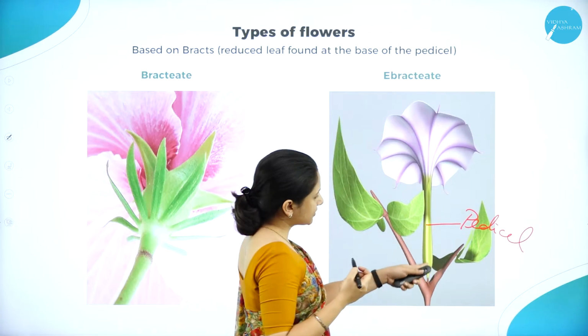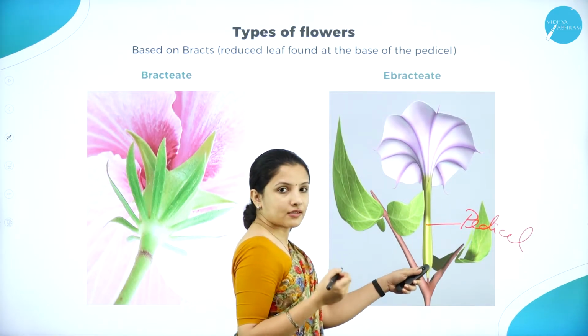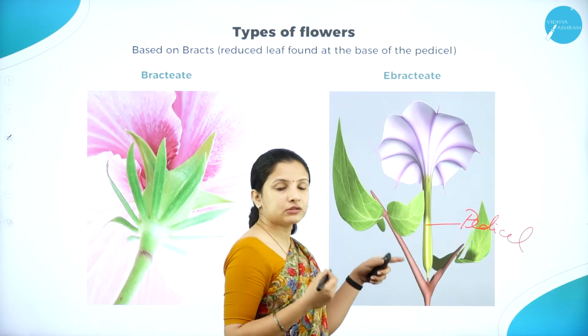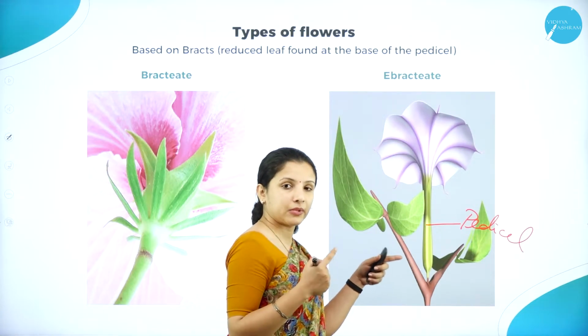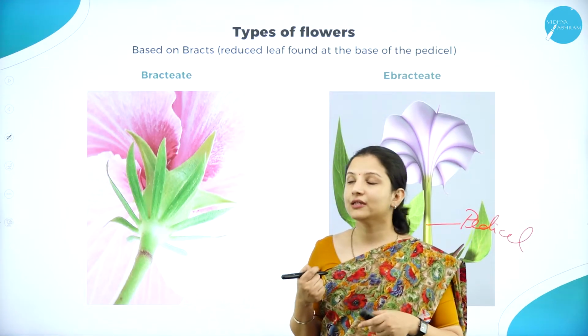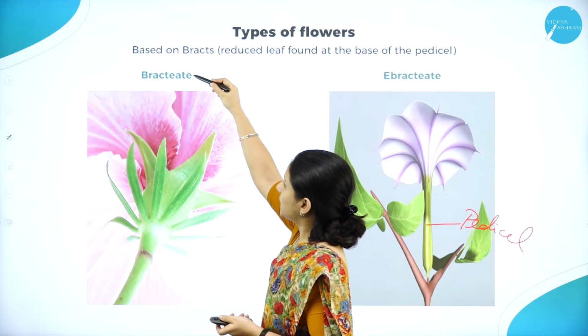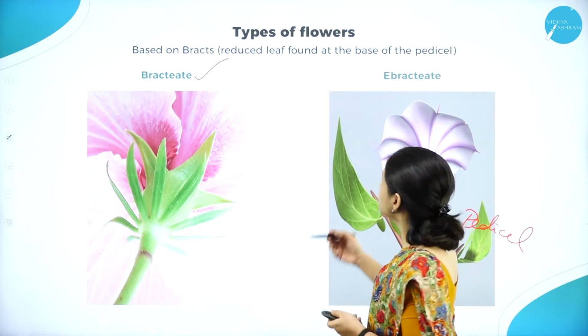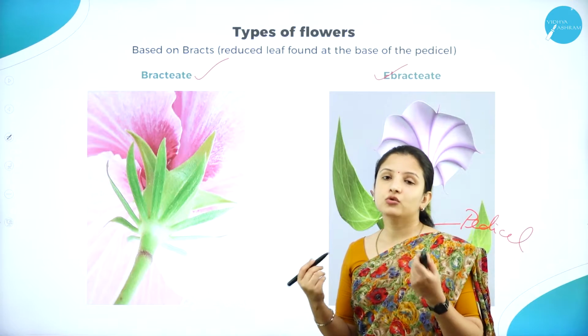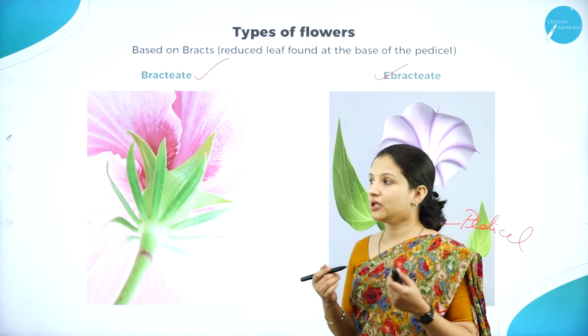At the base of the pedicel, whether there is the presence of leaf-like or reduced leaf-like structures, which means whether bracts are present or not, the flowers are classified as bracteate flowers and ebracteate flowers. Ebracteate means no bracts, bracteate means having bracts.